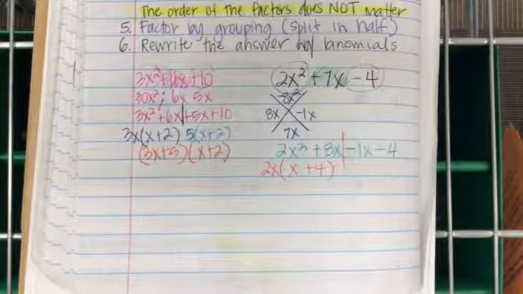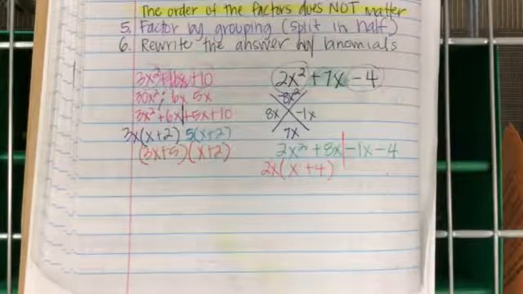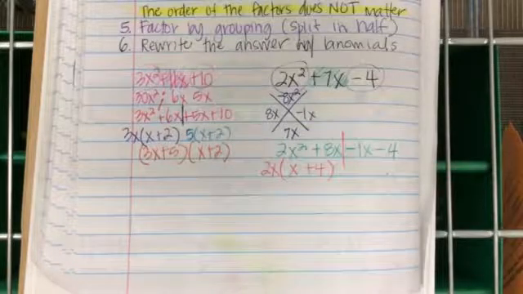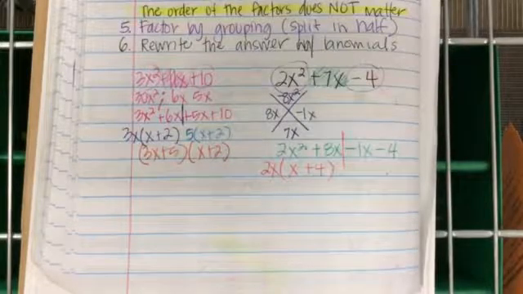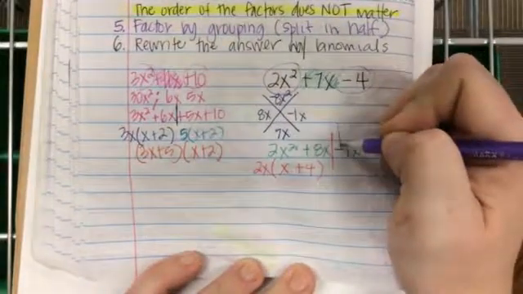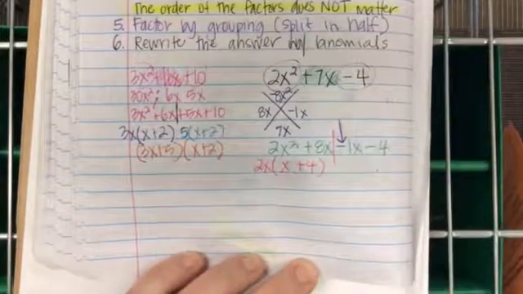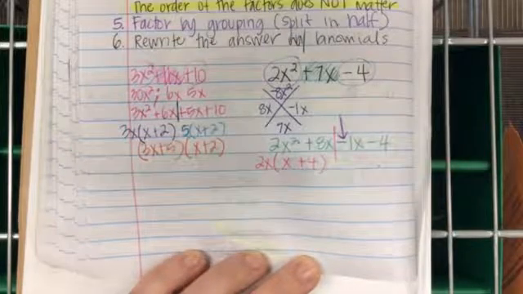Ding, ding, ding. What's wrong with this one? There is a greatest common factor. The greatest common factor is 1, but it's not 1. What, Luke? The leading coefficient is negative.